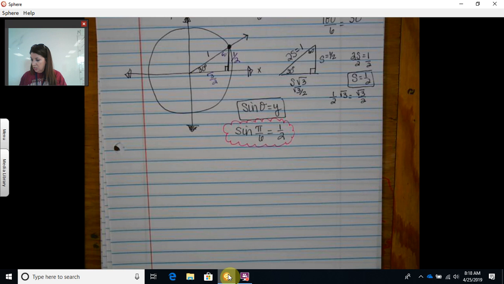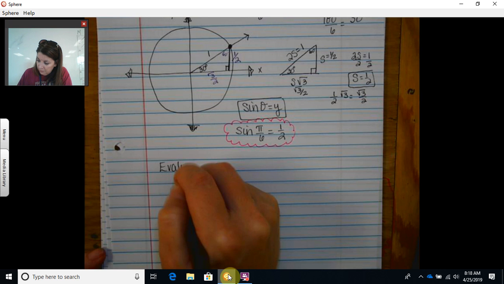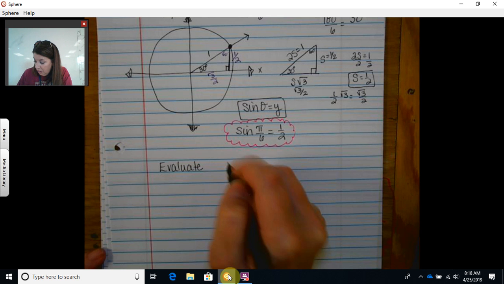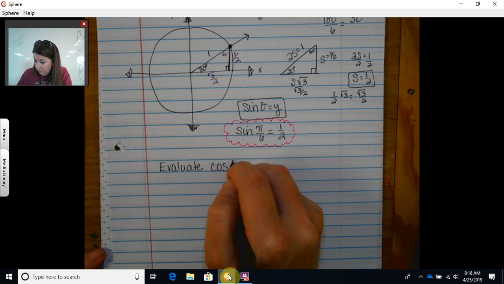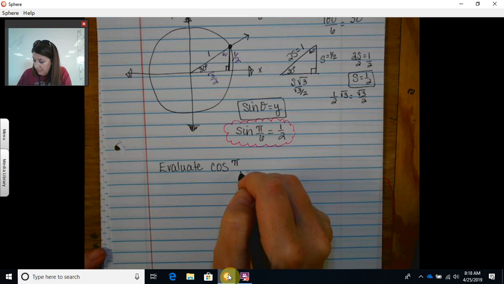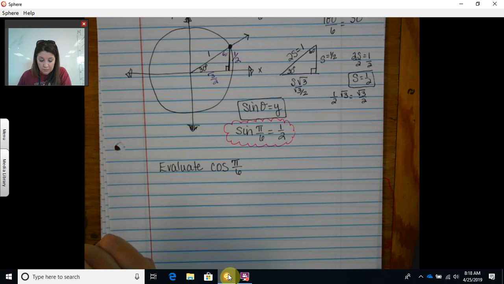So on the next one, we're going to evaluate cosine of pi over 6. Well, what's the trigonometric function for cosine? Cosine equals what?